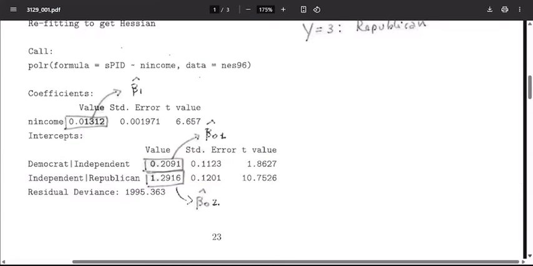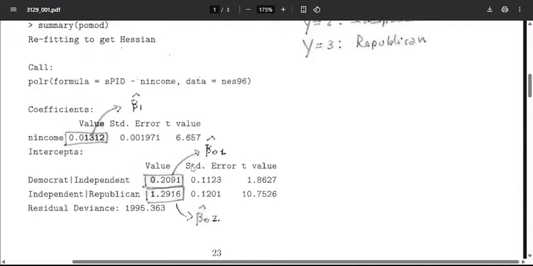I need you to pay attention now. What do you see? Ever since we've been working on generalized linear models, it has been a Z value. What do you see? T. Can you see the T value? That is one thing that you are going to notice.